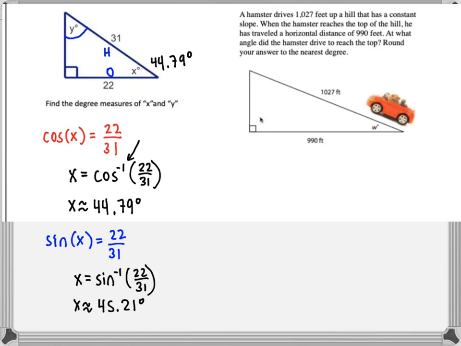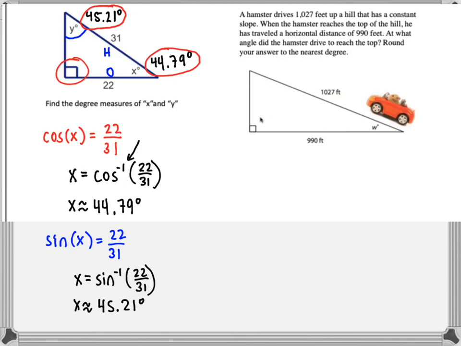Okay, and so I would write 45.21 degrees right here. A way that we can see if we've done this correctly is that we could add all of these up to see if it equals 180 degrees. If I add those two, that's 90 plus 90 more, which gives me 180 degrees. So I know that I've done my calculations correctly.